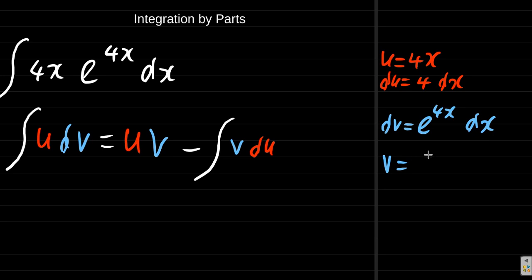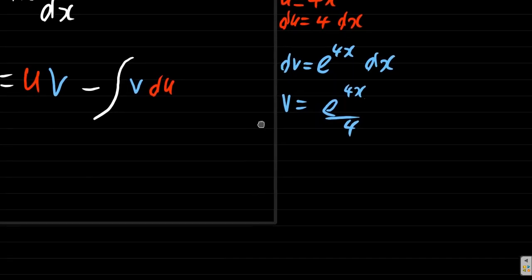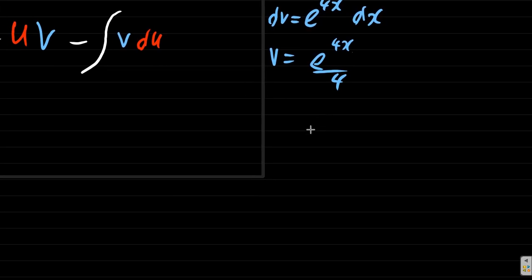Now, in this case, you have to integrate e to the 4x. If you've been practicing integration of e to the constant times x regularly, you'd know this would be e to the 4x over 4. Let's look at it for a minute. You have the integral of e to the ax dx.